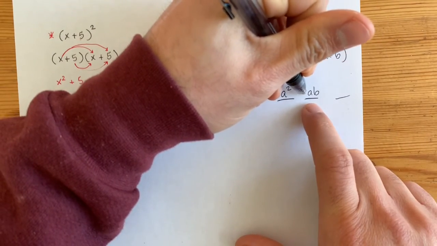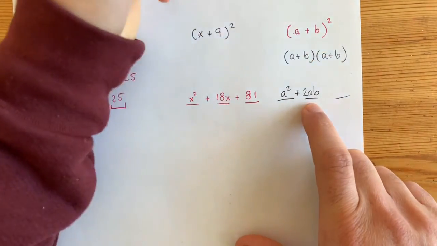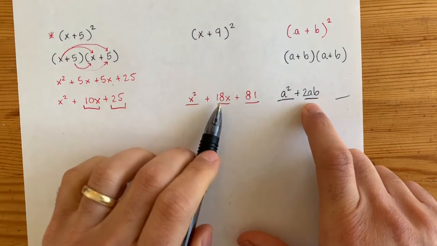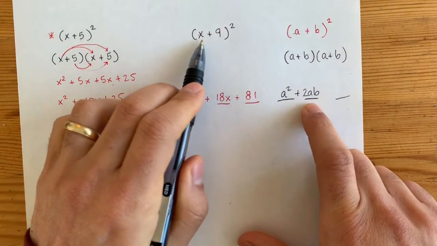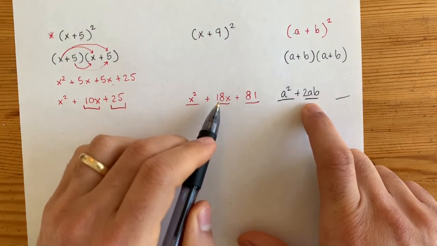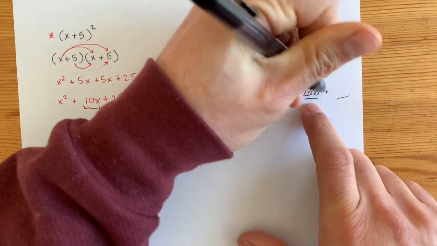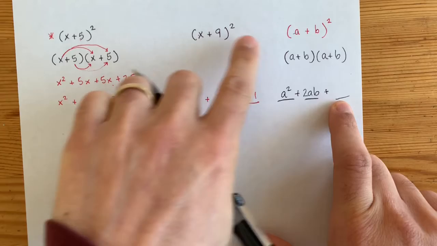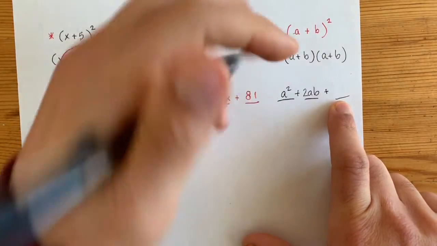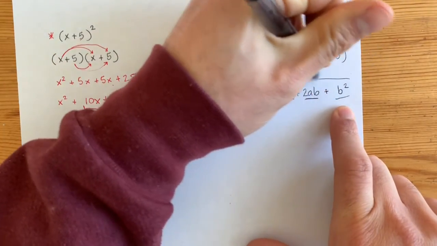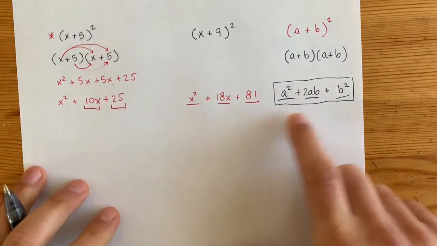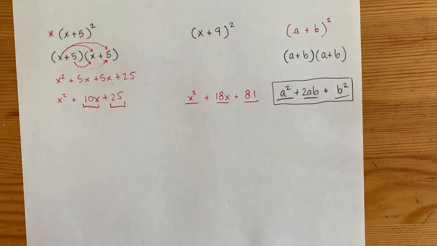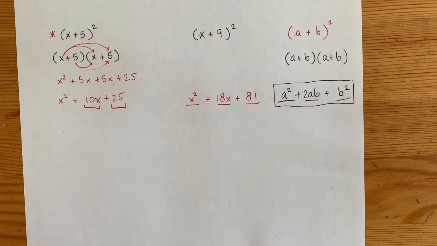I'd have to put times 2. That's what was happening here. It's like 2 times 9 and x, 2 of those becomes 18. And lastly here would be this number squared, so b squared. And that's our official setup formula for any a and b that you plug in there.